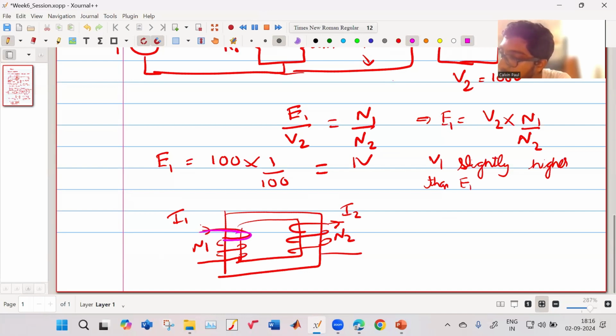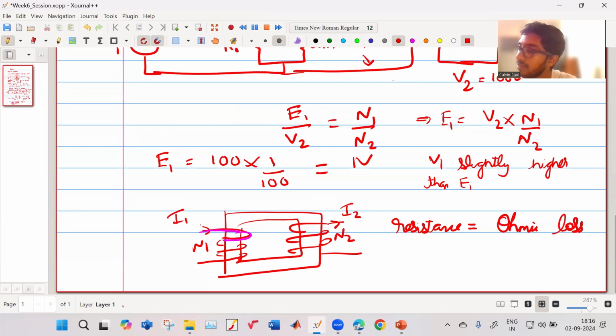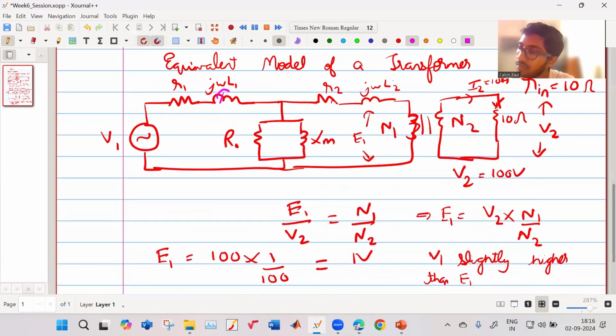These windings will have some resistance, and that resistance will lead to ohmic losses. Similarly, some of the flux generated, instead of linking with the core, will link with the air. That is known as leakage flux, and that leakage flux corresponds to this L1.